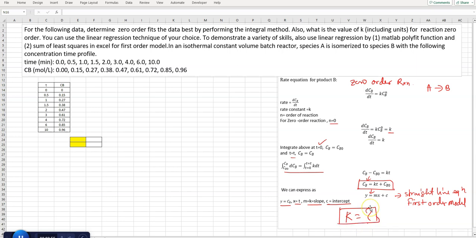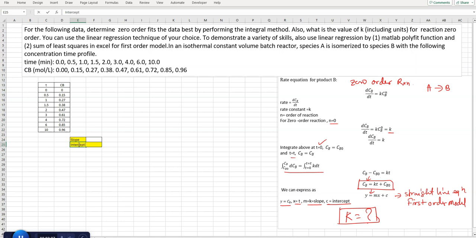Now I am trying to do it in Excel. The t data are given, and the CB data are given. Now if I plot, from this data we can easily find the slope, and we can also find the intercept by using the Excel inbuilt function.